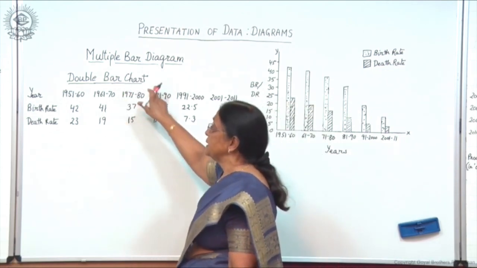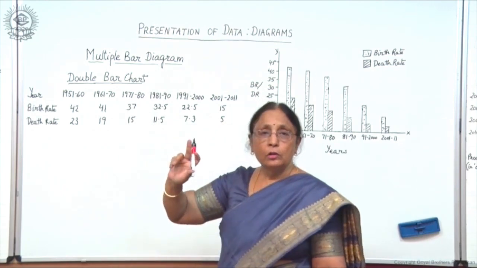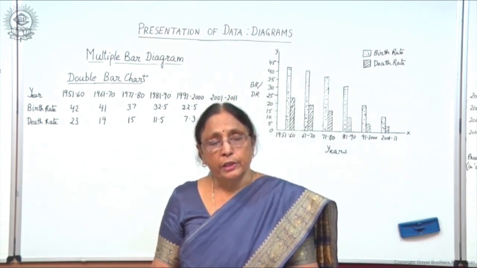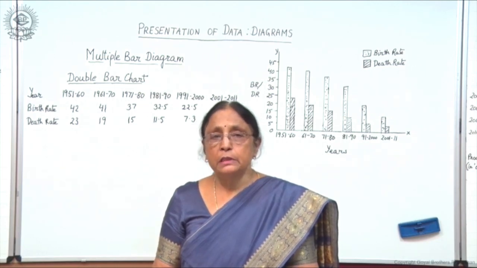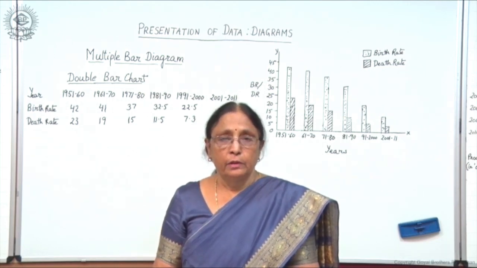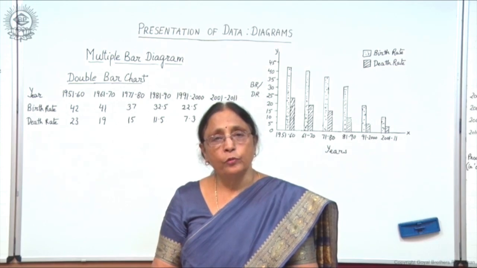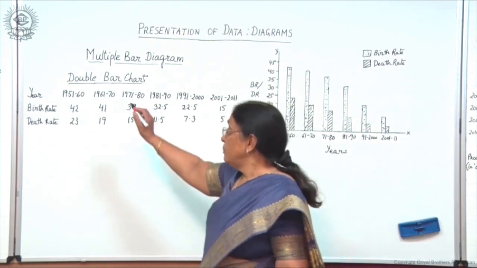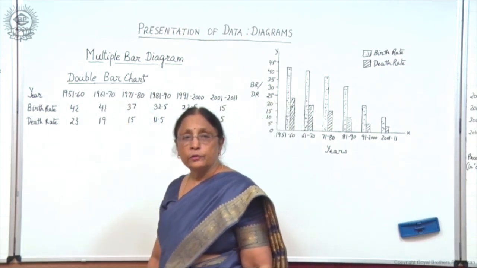Now this is the example I have taken for double bar chart. In the double bar chart, 2 variables are given. That means whenever you have to compare the data of 2 variables, then this double bar chart is drawn.